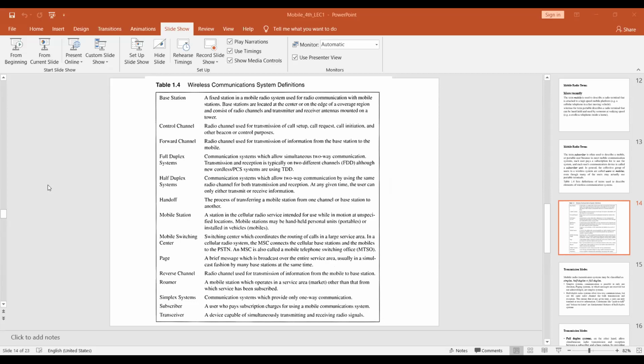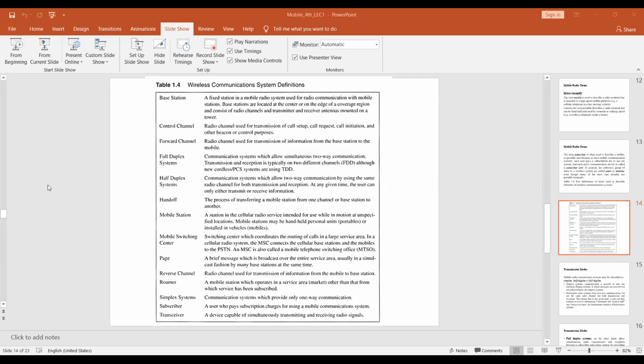Of course, the base stations are connected to the mobile units. Again, we have uplink and downlink. This is the basic system of cellular communication. So we have the following elements: base station, mobile station, and MSC.